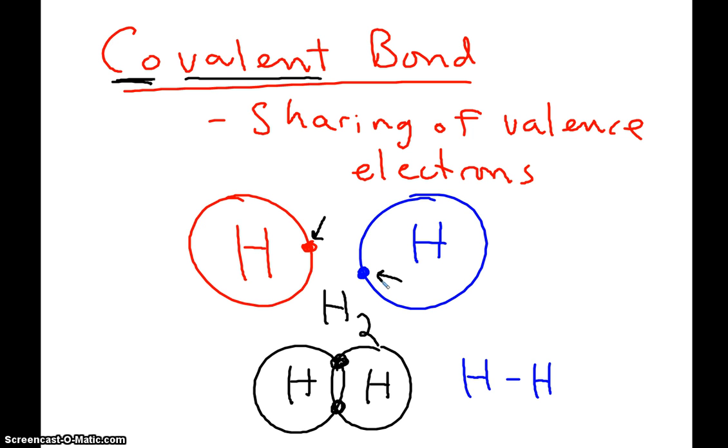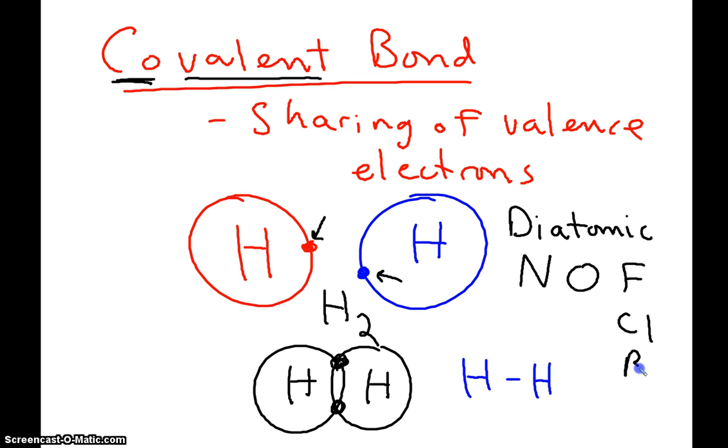So hydrogen is one of these elements that when they occur naturally, they are what we call diatomic, which means that there are 2 of them bound together. And the diatomic ones that you should be familiar with because of the biological significance are going to be nitrogen, oxygen, fluorine, chlorine, bromine, and iodine.